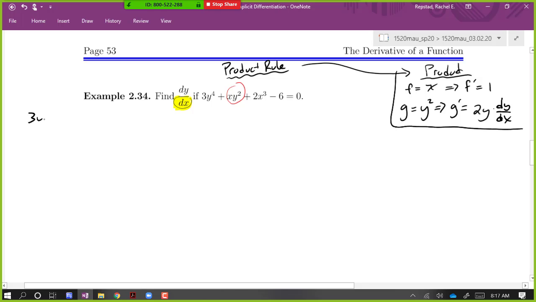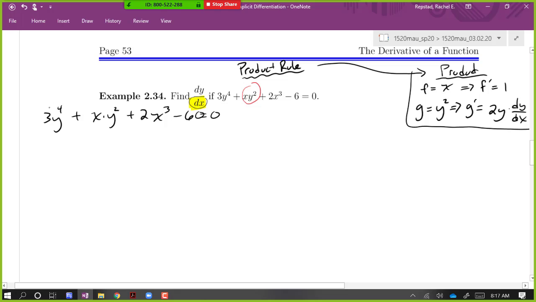I'm just going to write this equation again and get started. Now we're going to take the derivative on both sides with respect to x. We start with the first term, 3y to the fourth. What should we get? 12y to the third.